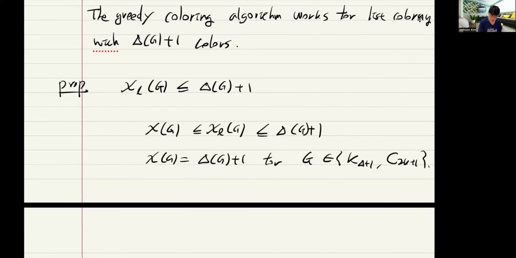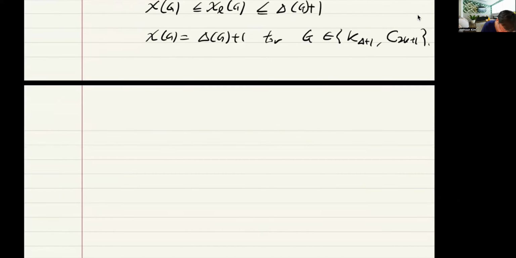That means equality holds everywhere here, so these are all equalities for this graph. In fact, we can prove the following theorem.